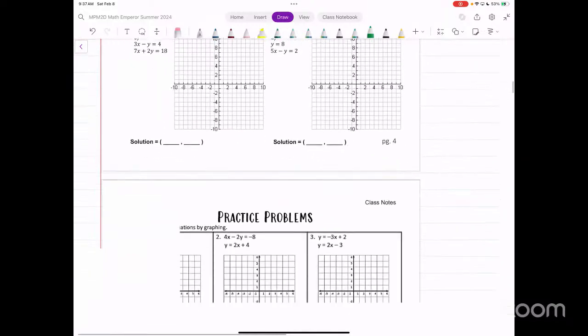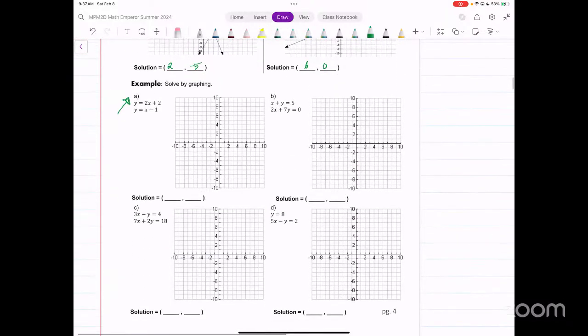Oh, sorry. Y-intercept first. Then rise over run to find another point. You mark the y-intercept. From there, you use the rise over run to move.